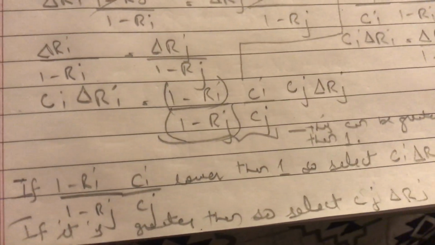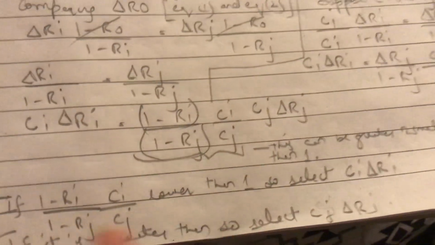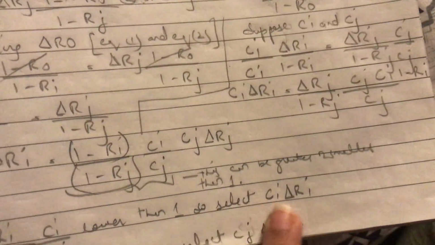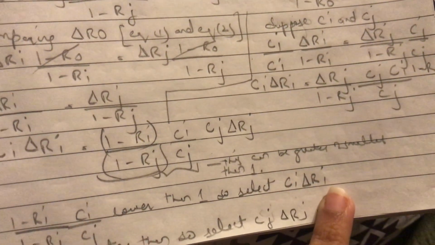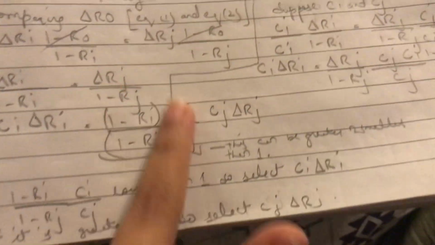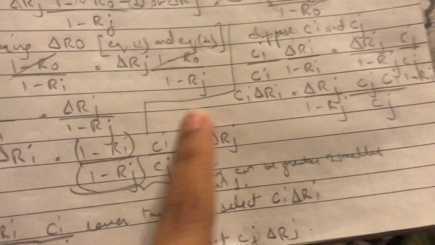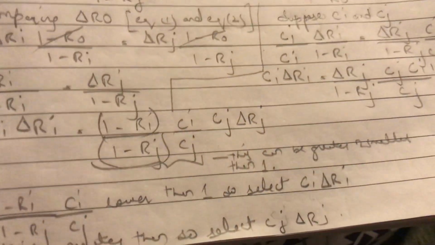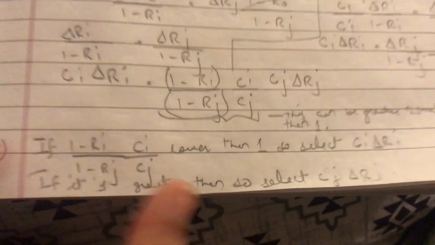As we talked before, if this thing is lower than 1, we have to select Ci and delta Ri. So we'll select this component, and if this thing is greater than 1, then we have to select this component. So this is our conclusion.